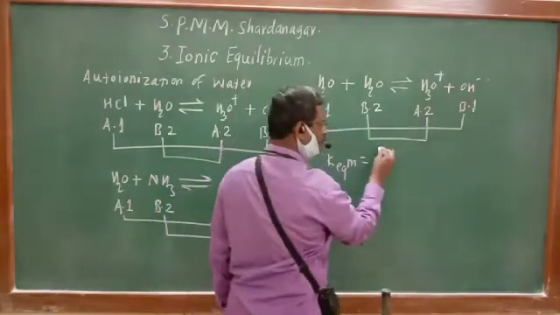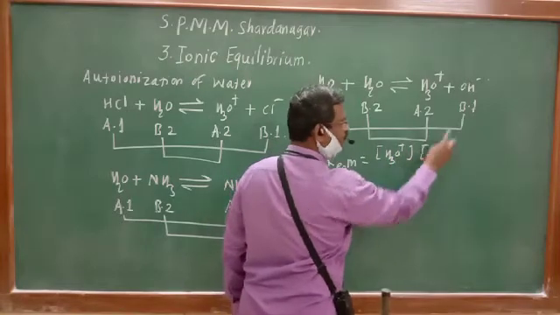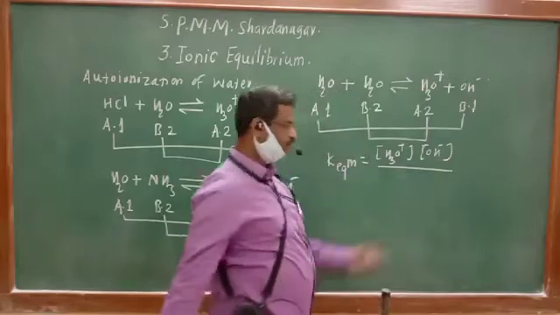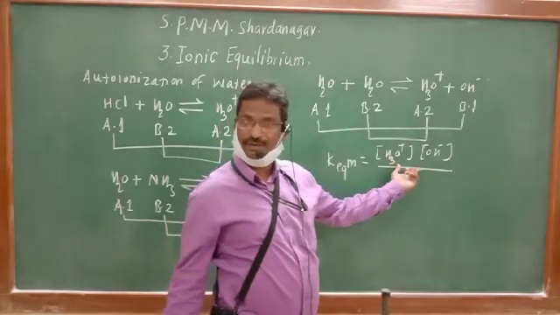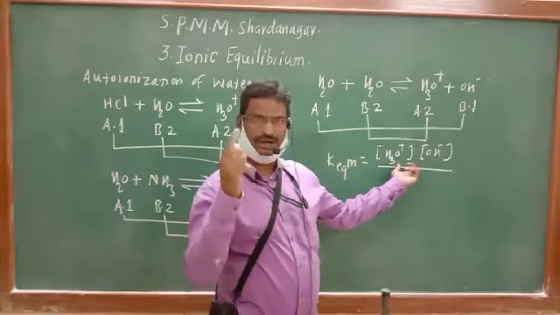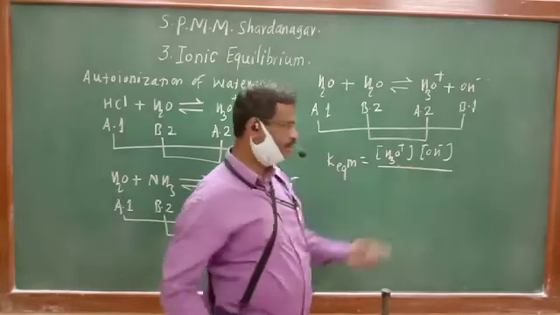Which are the two products? Concentration of H3O+ into concentration of OH-. The concentration of products is taken in the numerator and the concentration of reactants in the denominator.